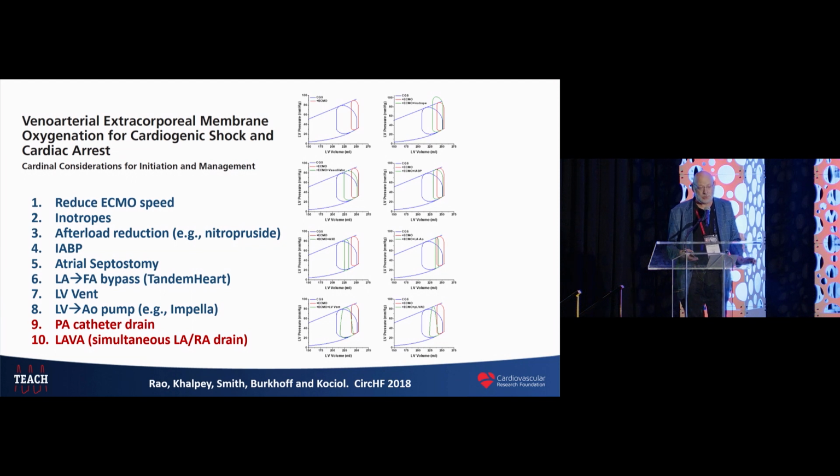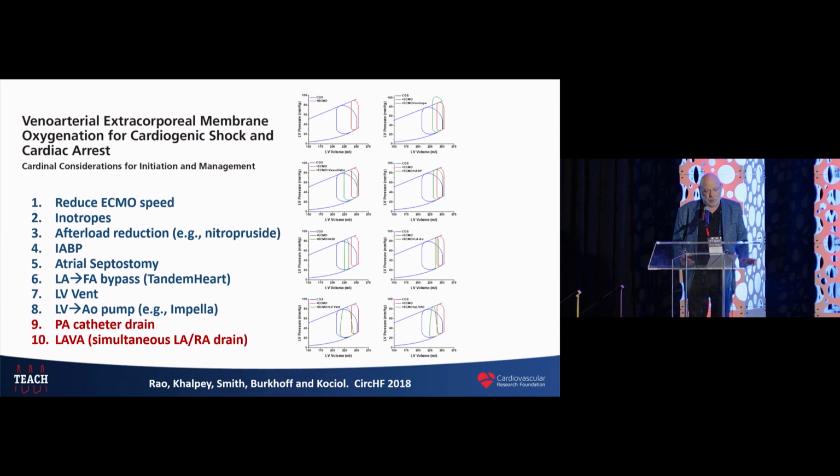You can have atrial septostomy to vent blood from the left atrium and the lungs into the right atrium. You can use active suction using the TandemHeart. You can use a surgical left ventricular vent, and you can use Impella.